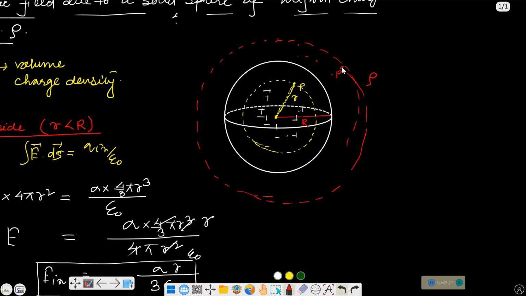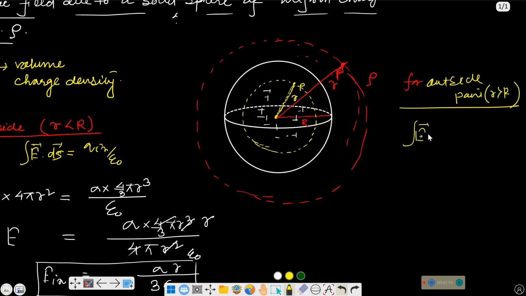Here the Gaussian surface we have considered, this is the point P where we need to find the electric field, and this is the radius R. For an outside point, that is r greater than R, again the integration of E dot ds is equal to q in by epsilon naught. Again we will use Gauss law.